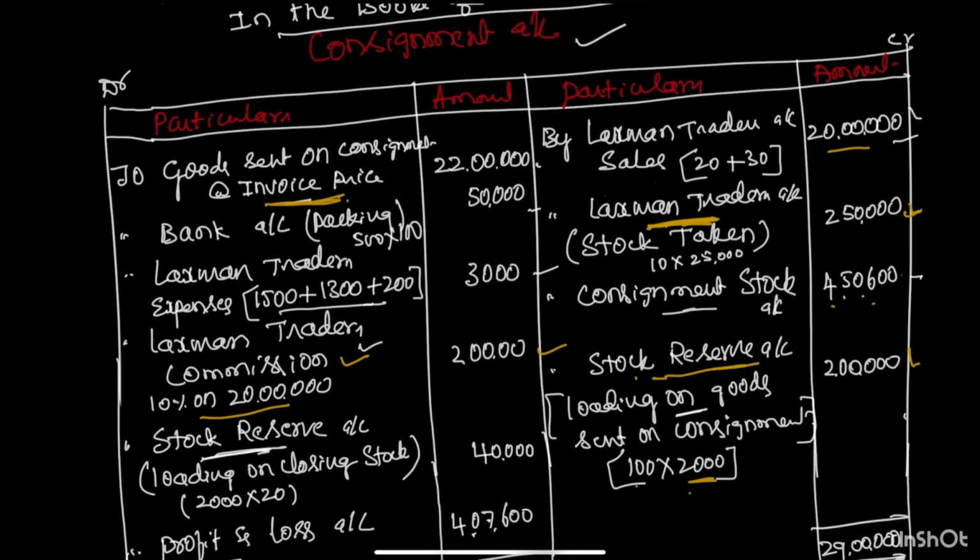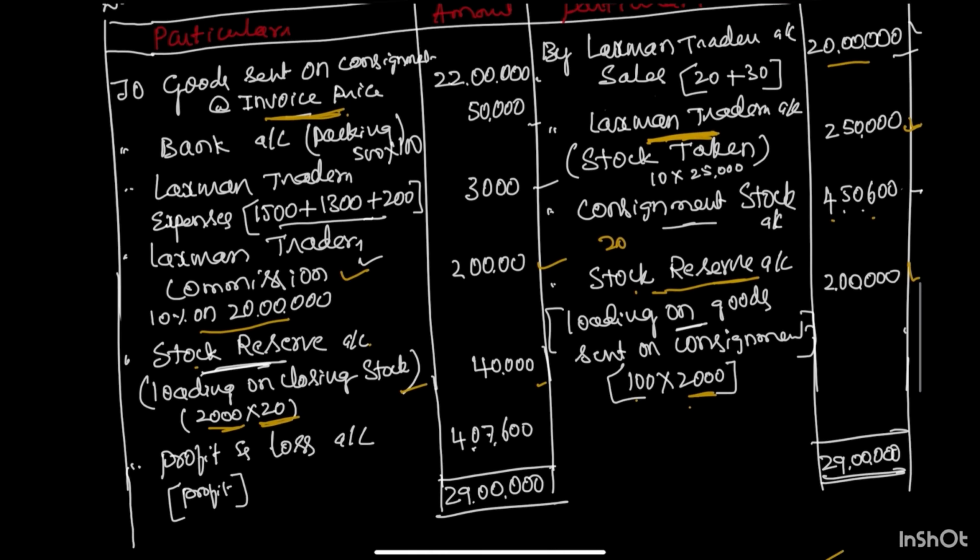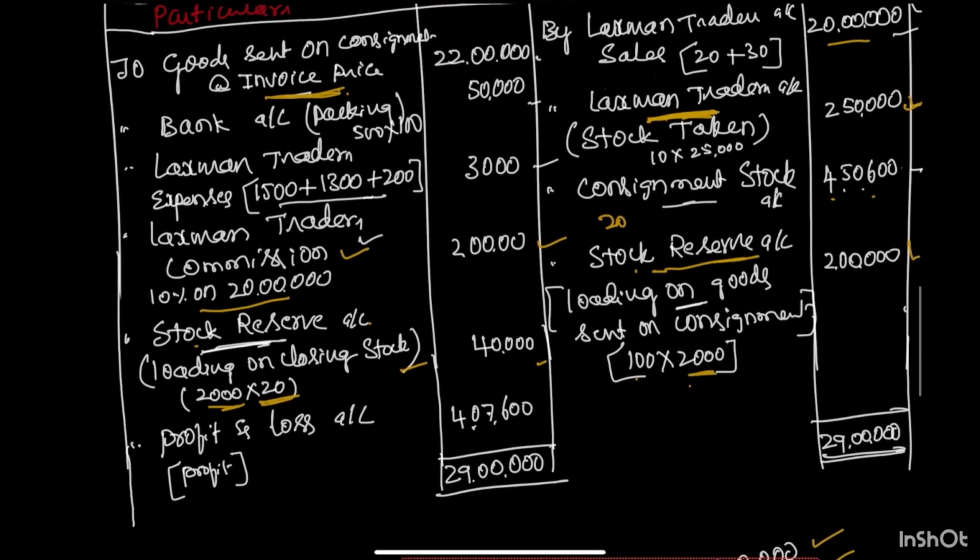Likewise for the closing stock, 4,50,600, it's 20 computers. The value at invoice price is taken on the debit side. Stock reserve account, loading on closing stock, 20 into 2,000, that is 40,000.